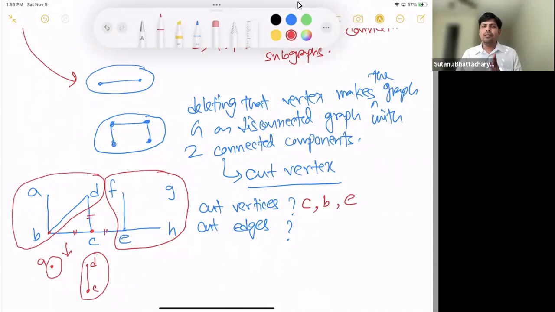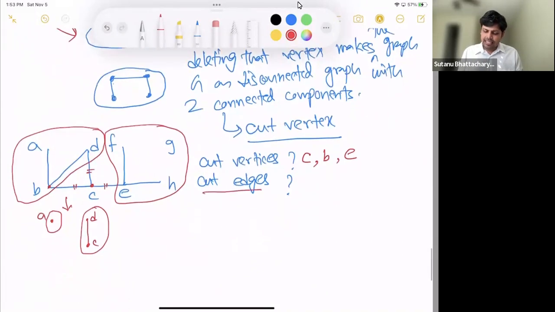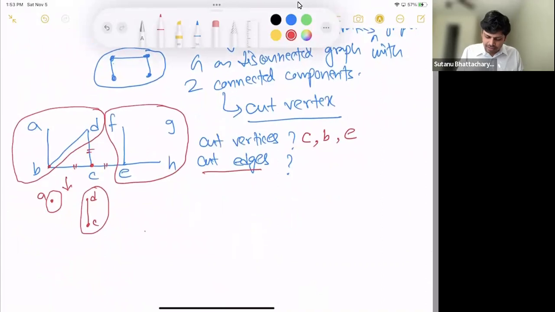And what is the procedure of deletion or removal of a vertex? You will remove the vertex as well as all incident edges on that vertex. Okay, now think about the cut edges. Let's draw the graph again. Otherwise, it becomes difficult.